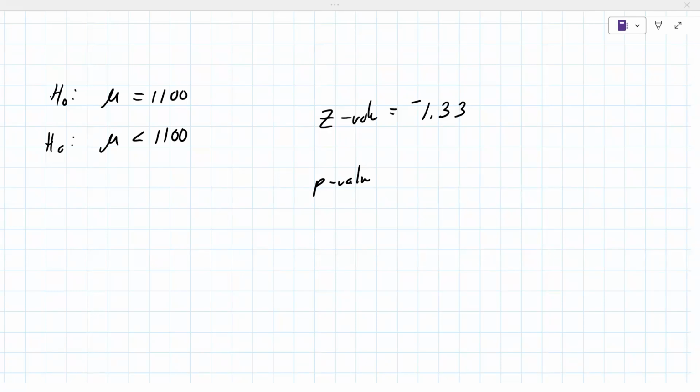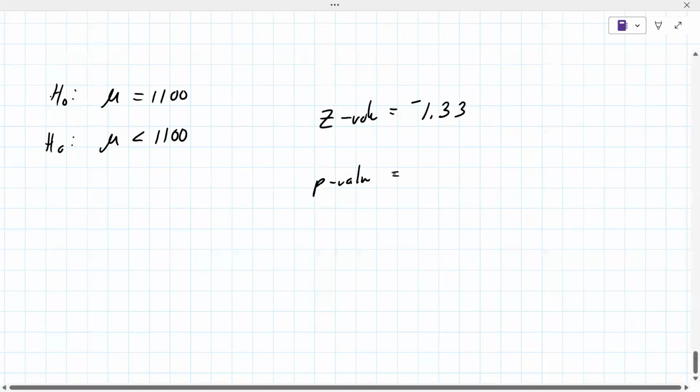So it's less than, so the p-value would be 0.0918.